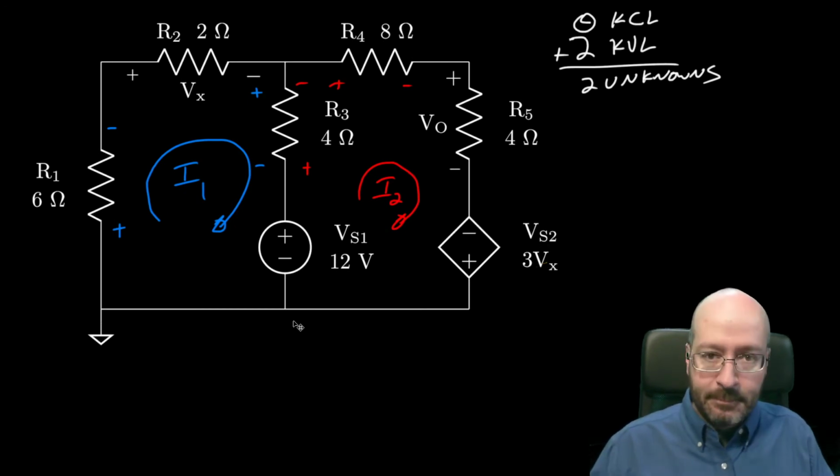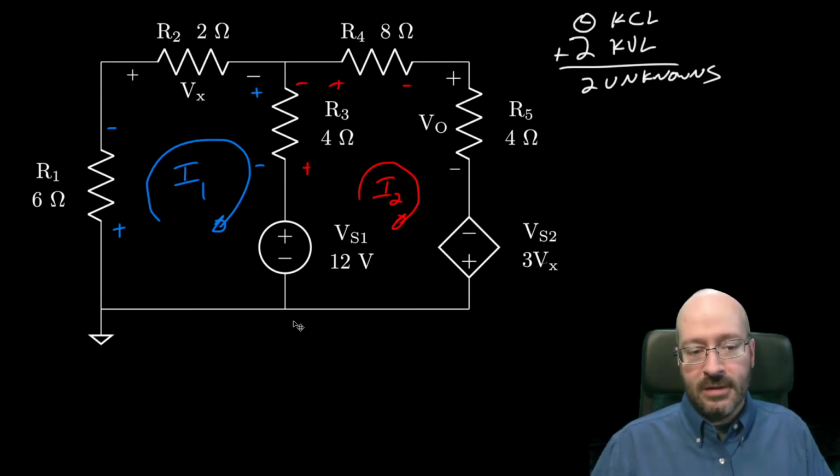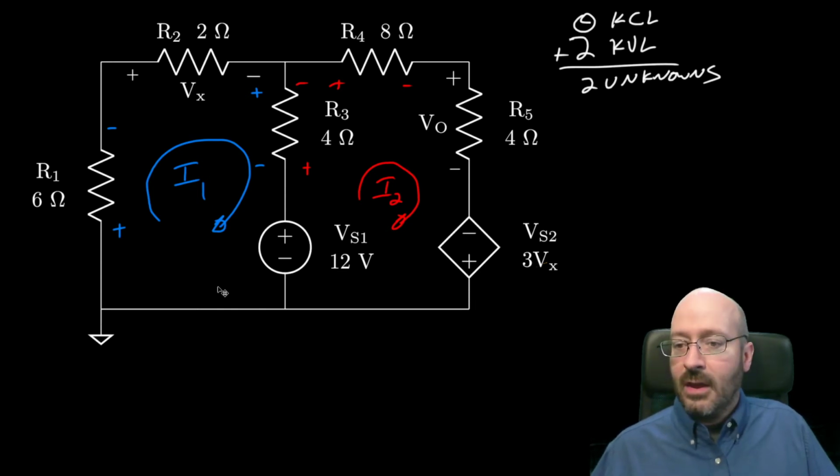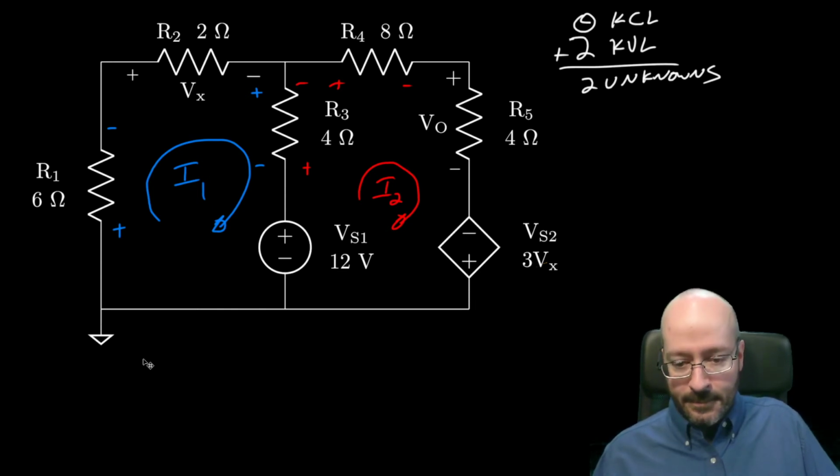Here's the extra step. This is what you need to do when you see a dependent supply in your circuit and you're trying to do mesh analysis. This KVL is going to not quite fit the format we want, right? We're writing the KVL for I2. We're going to go up across 12.